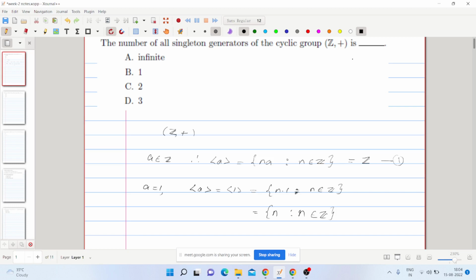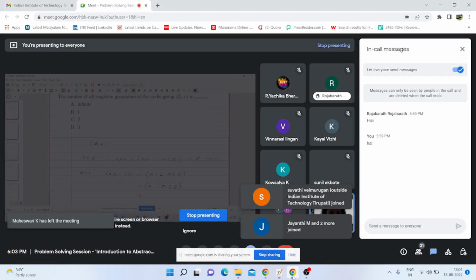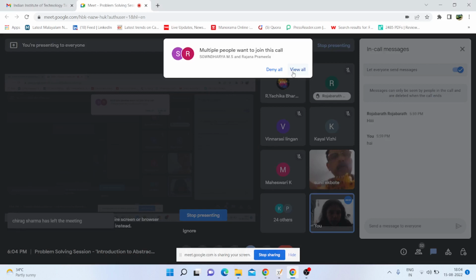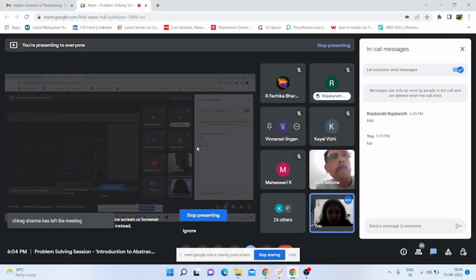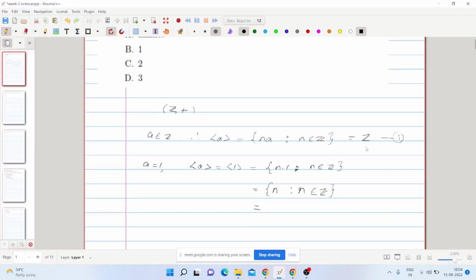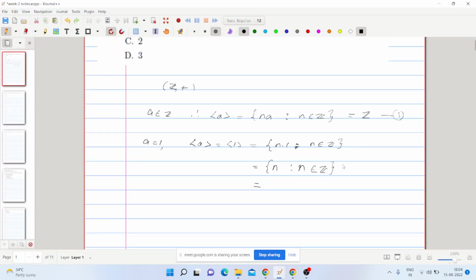The set of all n such that n is in Z means the set of integers. Yes, this is the set of integers.